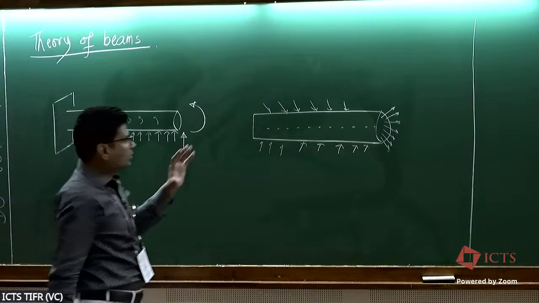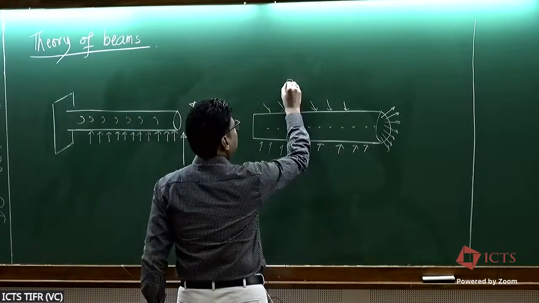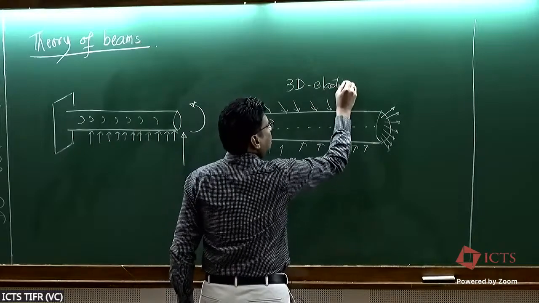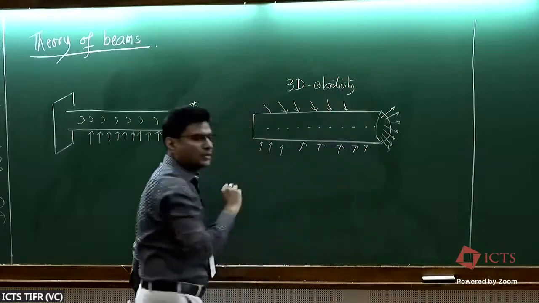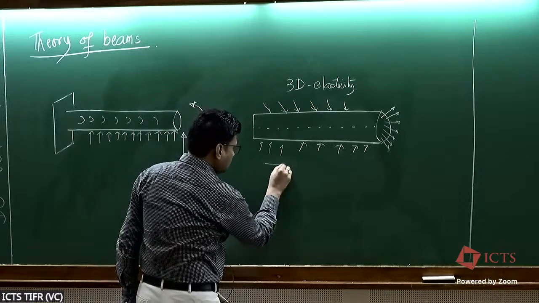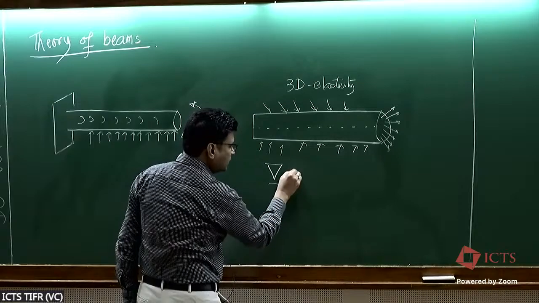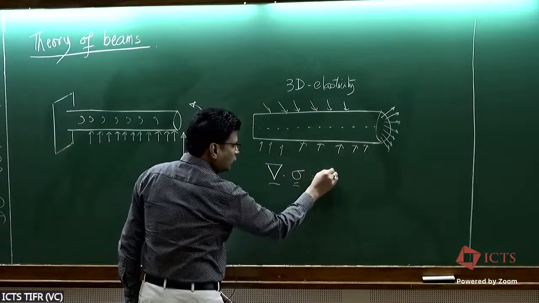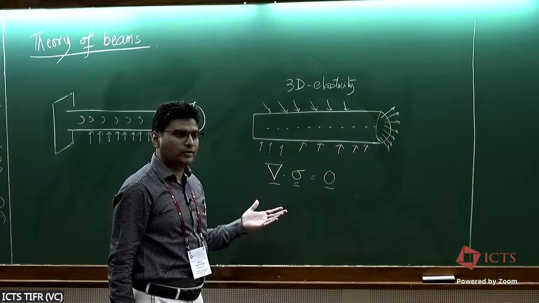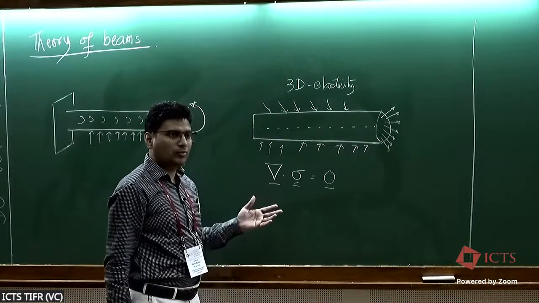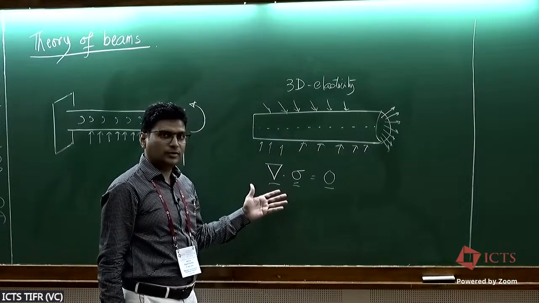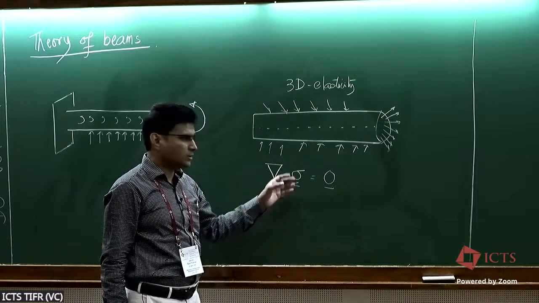Why? Because if you want to solve this using 3D elasticity, something that we got started with, we didn't really get to the balance equation, but I'll just write it down. So it's the divergence of the stress tensor equal to 0. And of course, there are different variants of this elasticity equation, Eulerian form, Lagrangian form, or linear elasticity. So maybe let us say this is the linear elasticity equation, divergence of the Cauchy stress tensor equal to 0.